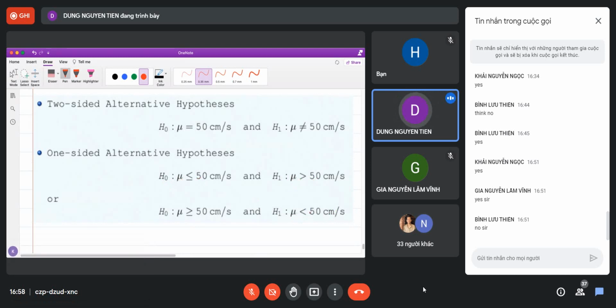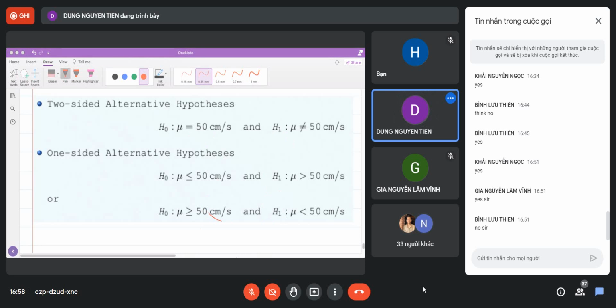If H1 is that the mean is less than 50, then H0 is that the mean is greater than or equal to 50. For the two-sided alternative hypothesis, H1 is that the mean value is not equal to 50, and then the null hypothesis is the opposite statement, which is that the mean is 50. So there are three scenarios here that you need to deal with in this chapter. Any questions so far, everybody? That should be okay, right?